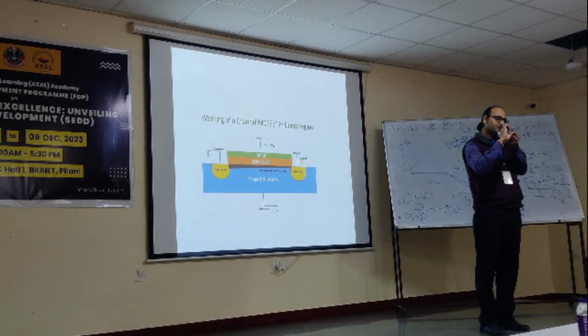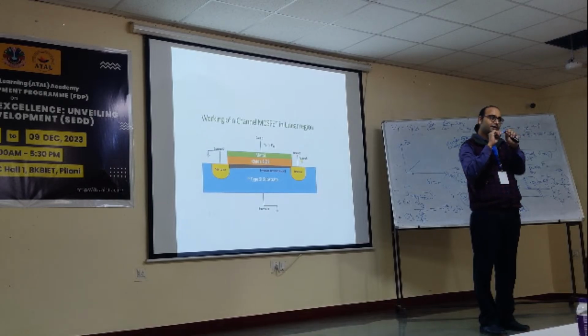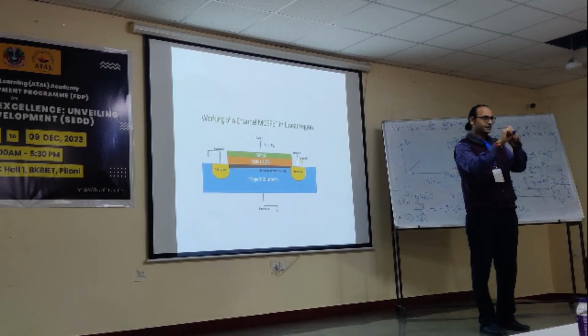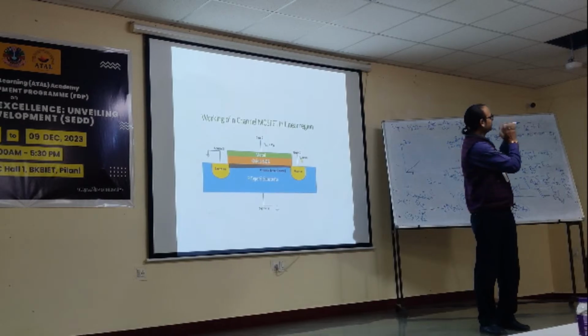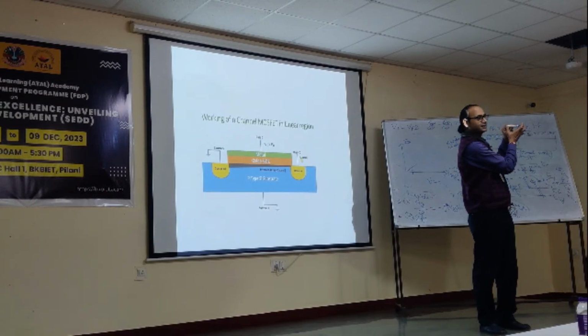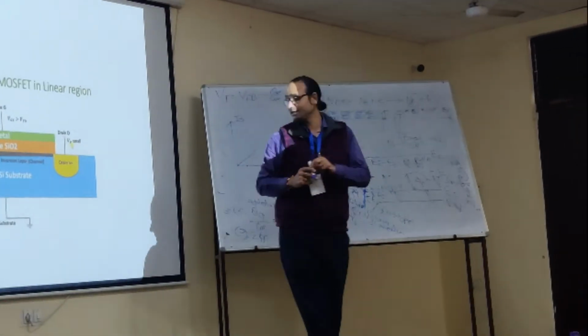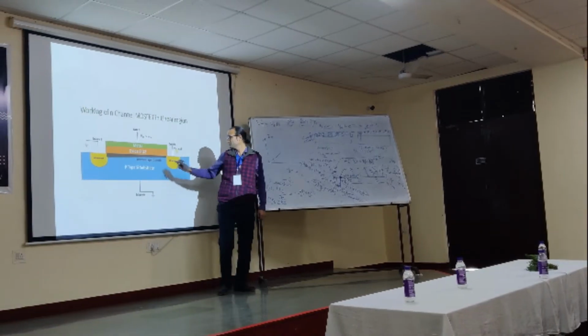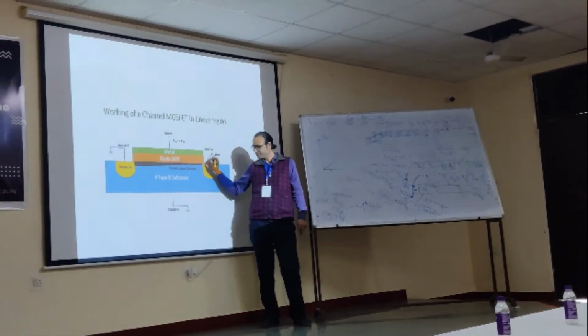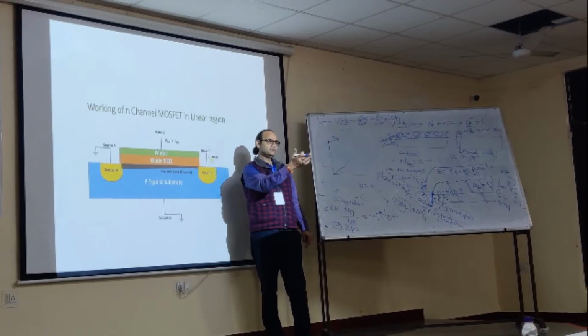The net amount of water coming out will depend upon this front edge. From behind it is thicker, but now it is limited to this, so the water coming out will depend upon this capacity. The same thing happens here. We call that channel pinch off. This part will become thinner and the current will be decided by that.